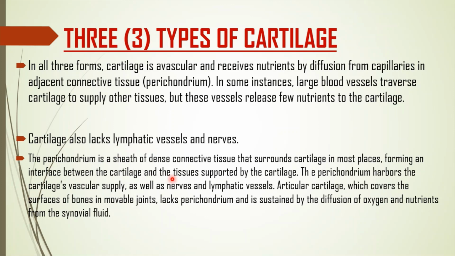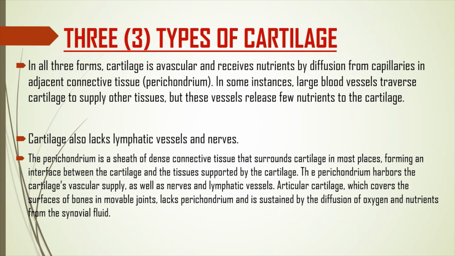Cartilage also lacks lymphatic vessels and nerves, a very key component because you are unable to feel or perceive any stimuli from cartilage. Now, the perichondrium is just a sheath of dense connective tissue that will surround cartilage, in most places forming an interface between the cartilage and the tissues supported by cartilage.